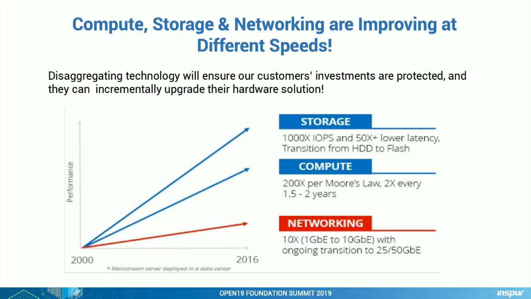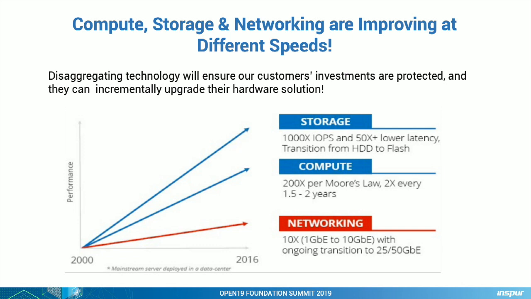And another very important consideration for deploying compute, storage, and networking is that the speeds are all improving at different rates. Storage is actually improving its speed much faster than compute and networking, and networking is improving slower.